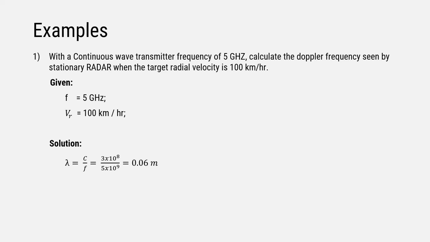We can put it in the calculator and calculate it. Post that, we can identify the Doppler frequency by this formula: fd is 2 times Vr divided by lambda. If we calculate, our answer is going to be 926 Hz. So this is how we can calculate the Doppler frequency using the given data.